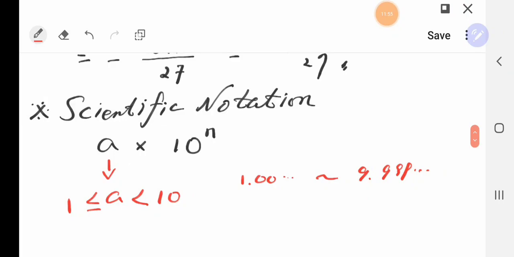So a should be one non-zero digit. That is the range of these a values. A cannot be equal to 0 point something, or like 10 point something. So always a has to be one non-zero digit.